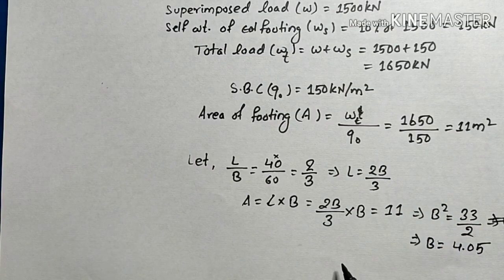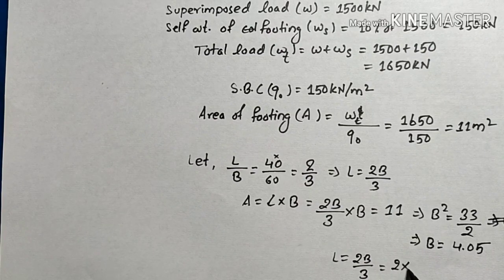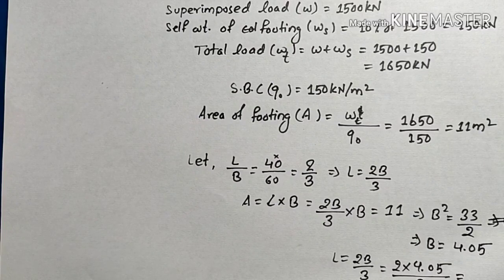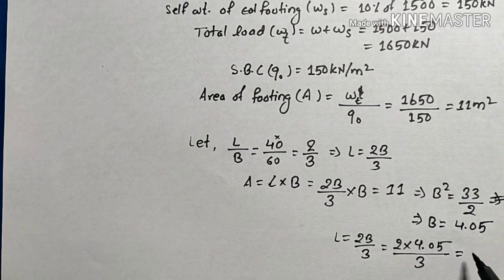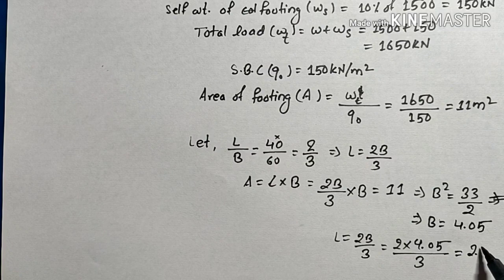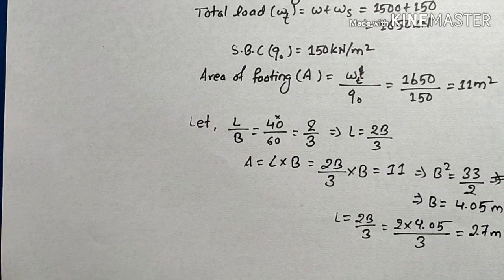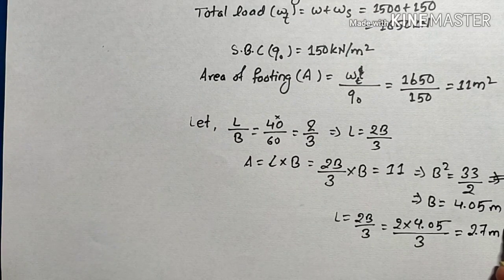We will get the value of L. So we will have L equals to 2B by 3 equals to 2 into 4.05 upon 3, which will be equal to 2.7 meter, and this is 4.05 meter. Now let us assume that our length is 3 meter, as it is approximately equal to 3 meter.